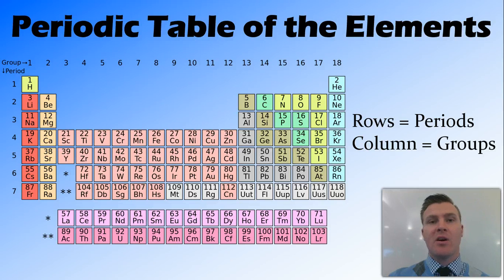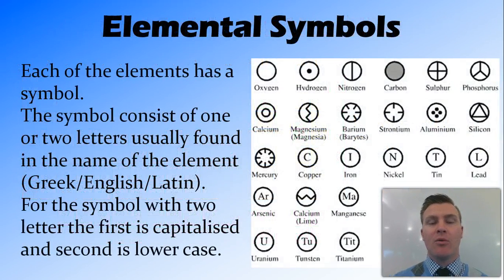You'll notice in this periodic table, the full name of the elements isn't in each box, mainly because it doesn't fit. And for ease of writing, we use symbols for each of the elements. Now originally, the symbols looked something like this, and each element had its symbol. But as we added more and more elements, we changed the way that we do symbols so that we just use letters, because it makes it much easier.